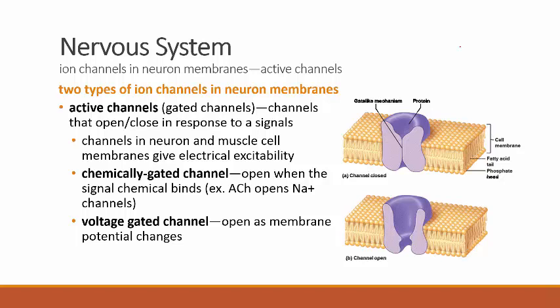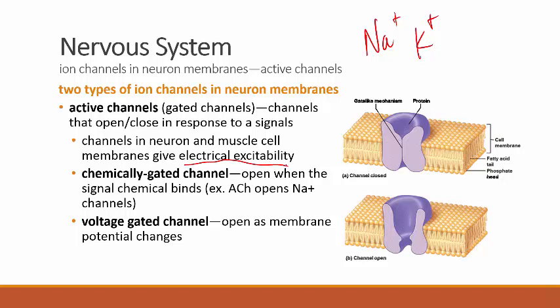Neurons and muscle cells, because they have gated or active channels for sodium and potassium, have electrical excitability, their ability to respond to differences in electrical charges based on the opening and closing of these gated channels.